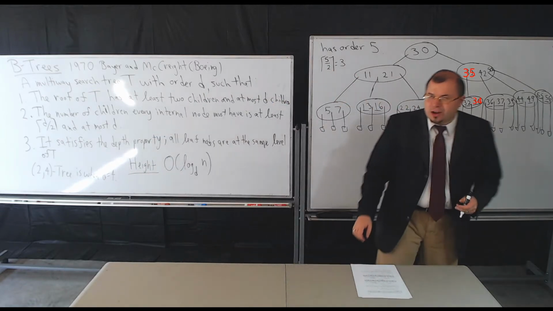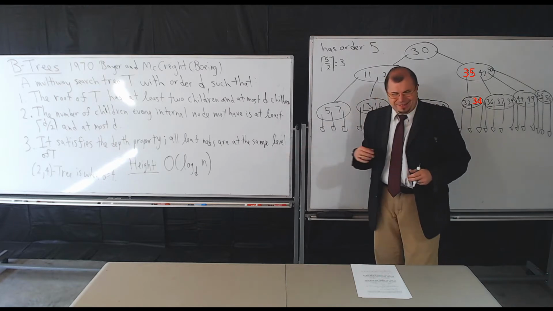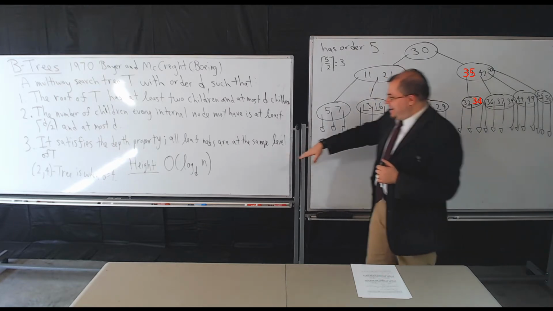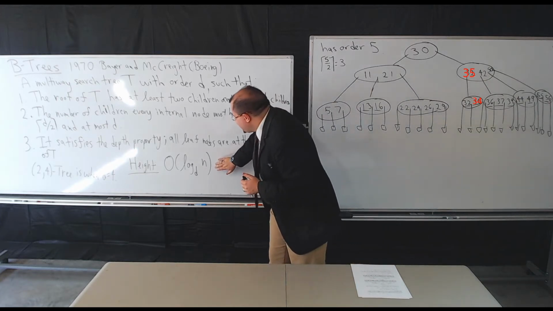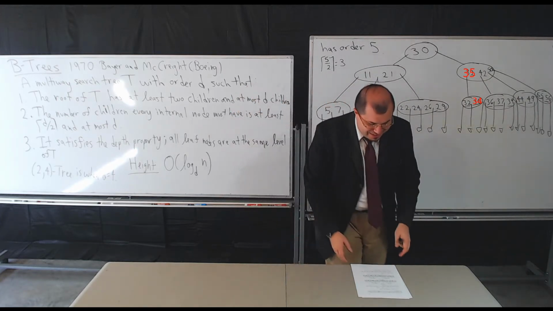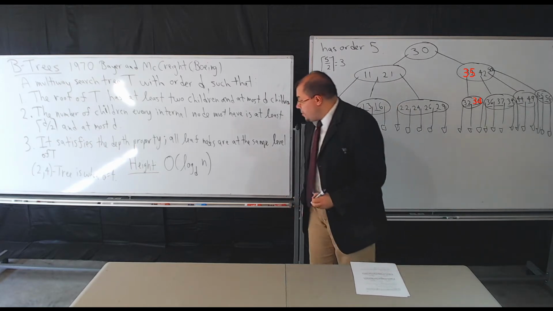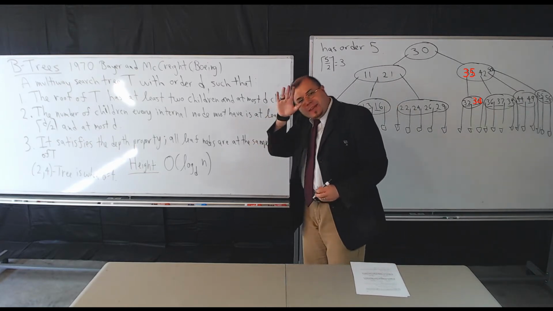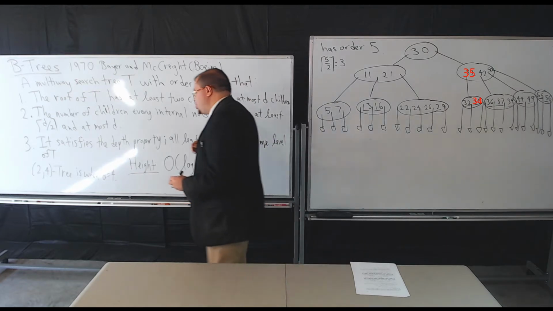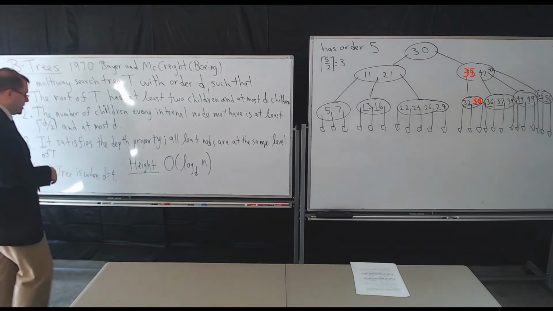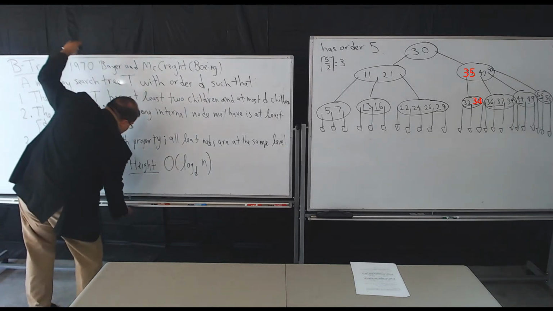So we still have the logarithmic height, just now the base is D. Sorry, I was getting excited about this. So the height is in fact still going to be logarithmic. The big thing I want to point out is that all the algorithms I gave you for 2-4 trees are just the exact same for a B tree, just we're going to change things up a little bit. So let me talk about that.